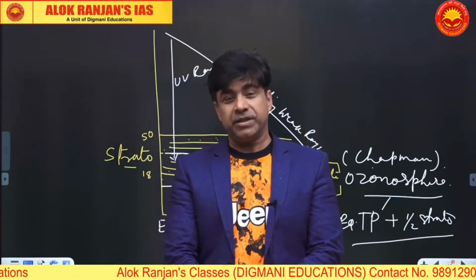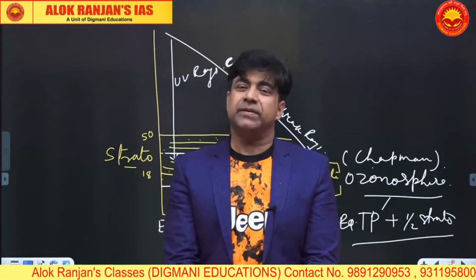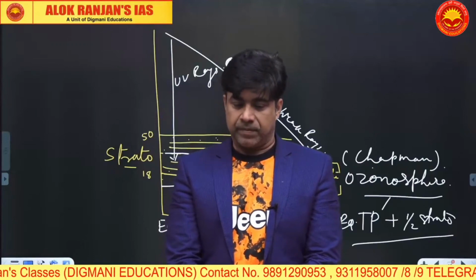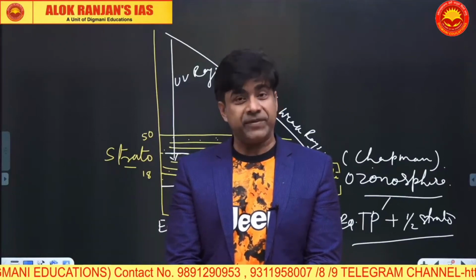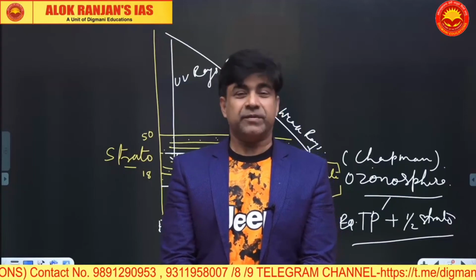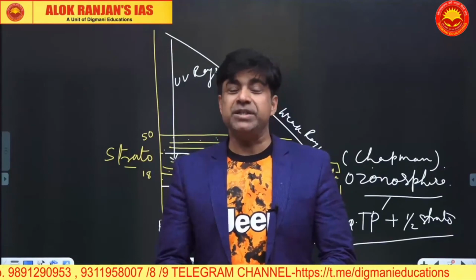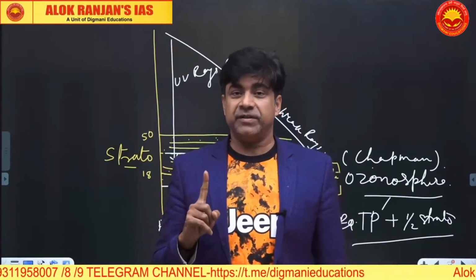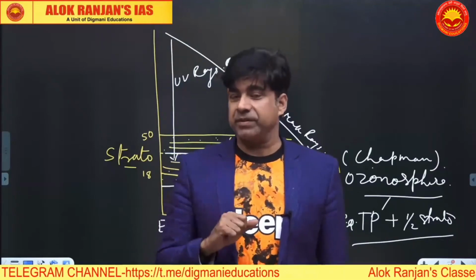And during the winters, they become absent. You must have heard of 6 months night and 6 months day over the pole. During the winter, when the poles have 6 months of night, sun rays are not able to reach there, so UV rays become absent for 6 months along the pole.